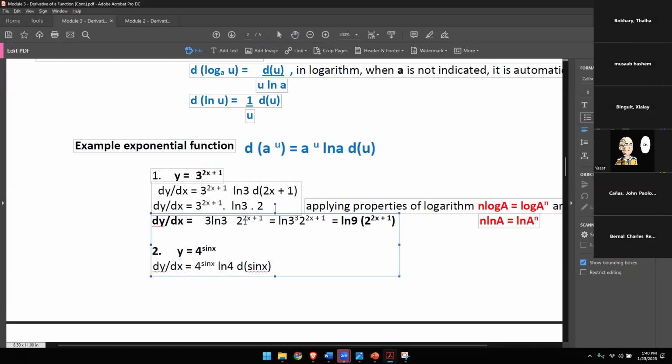And then, oh, wait. Still there. ln 3 derivative. Ooh, I see. Okay, this one should be 3, and this one should be really 2, but this one is still 3.